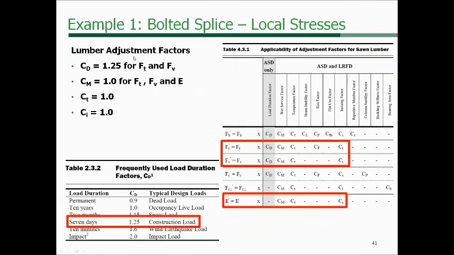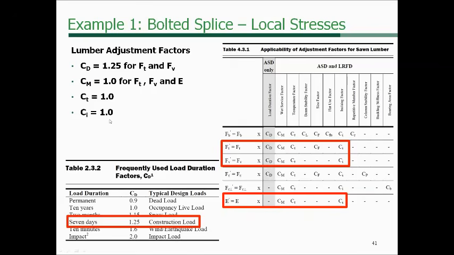We also have to look at our adjustment factors for lumber, and we've got a load duration factor of 1.25 that applies to tension and shear. If we had a wet service condition, that would apply to tension, shear, and E. But in this particular case, we've got a normal moisture environment, a normal temperature environment, and we have an incising factor that might also be applicable.